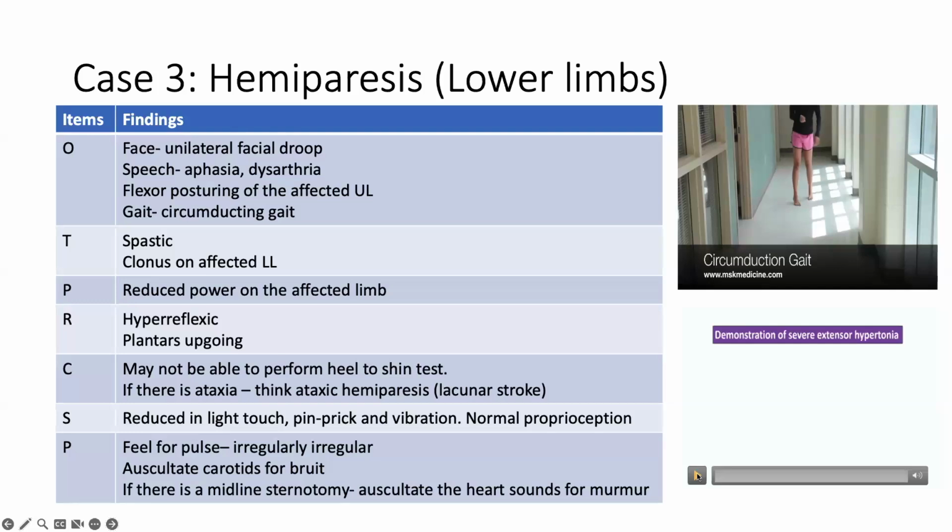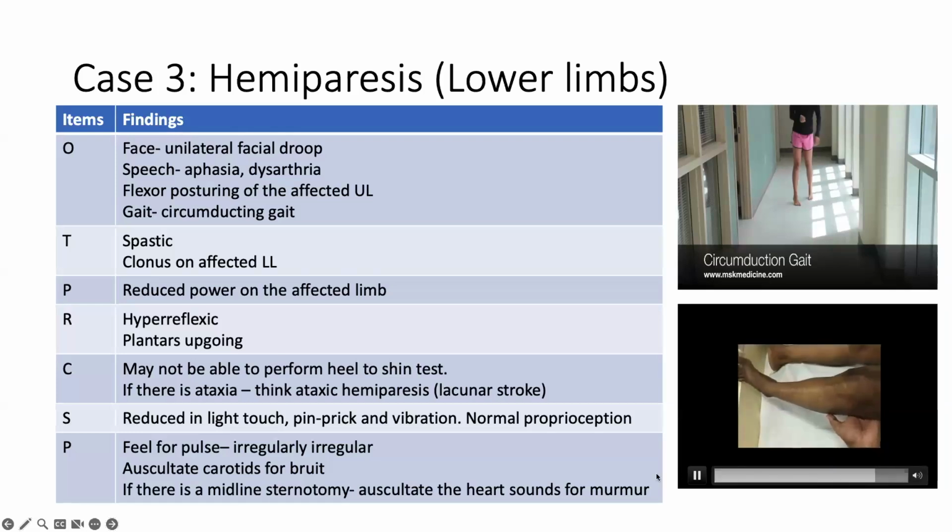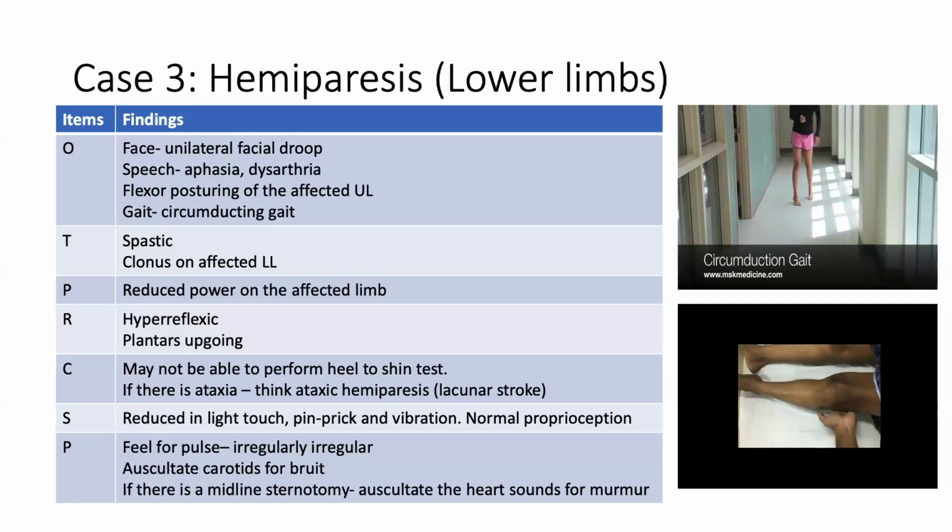So I just want to show you this. This is very important. I thought you would want to see what an extensor hypertonia is. If you think about your examination, if you examine the tone, the first thing you do is roll the patient's thigh.